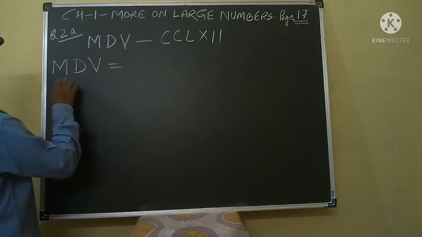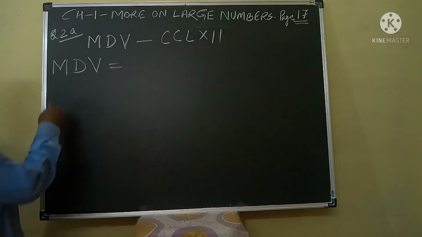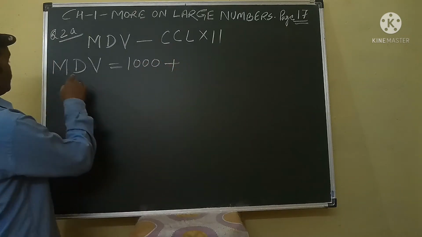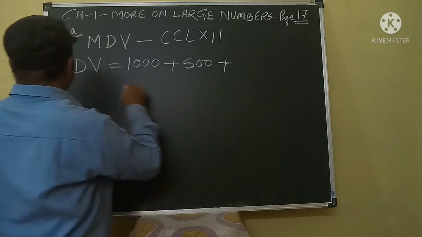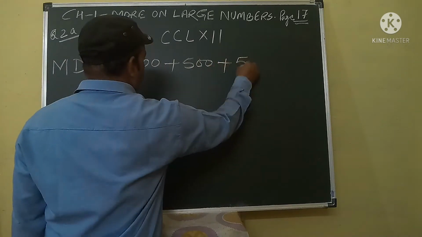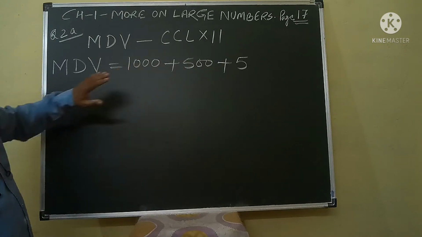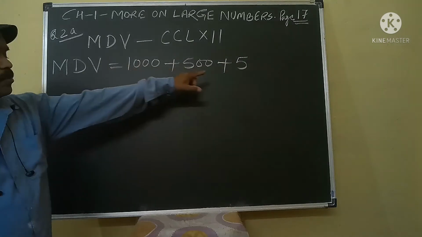MDV: M is the symbol of 1000, D is the symbol of 500, V is the symbol of 5.